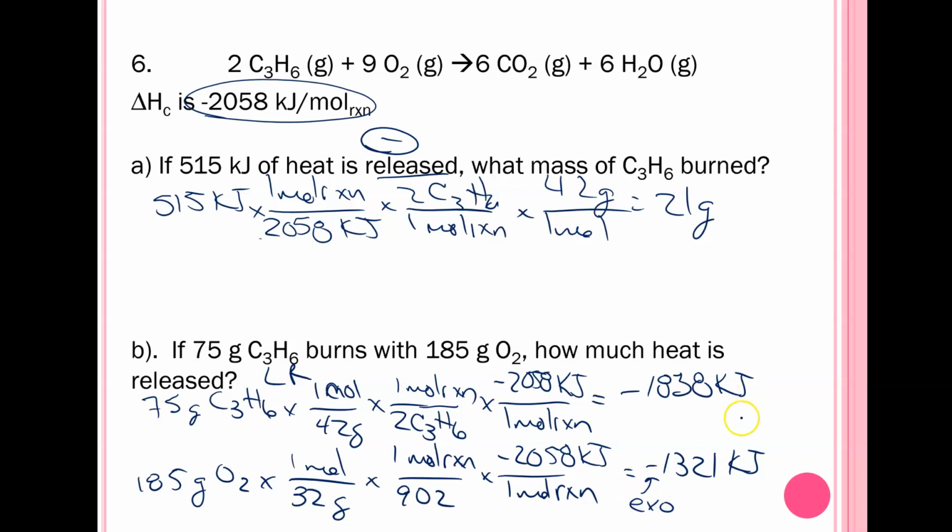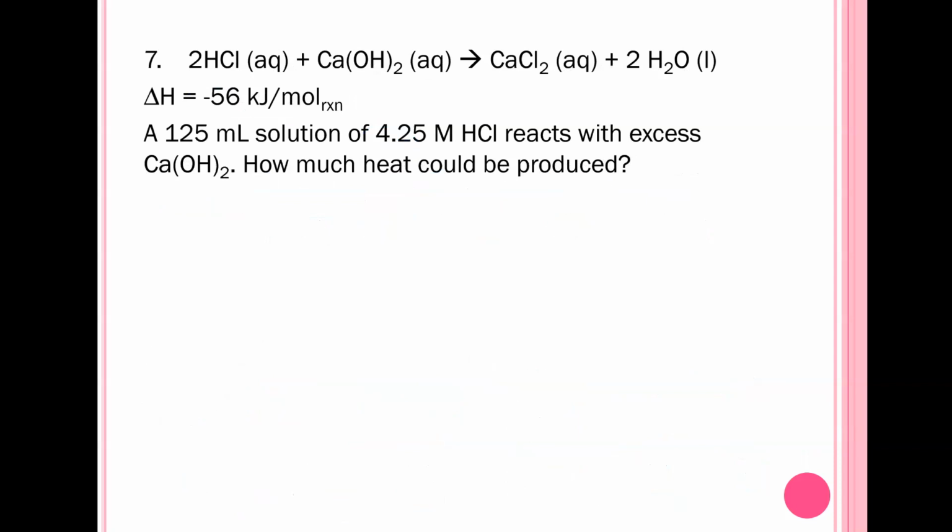What you are looking for in a heat problem is the smallest magnitude, not the smallest numerical number. That means this is how much is produced because my limiting reactant is oxygen. Okay? You're not looking for the smallest number on a number line. What you're looking for is the smallest magnitude because whichever one of them produces less heat is going to be limiting. Okay? Let's put it a different way.